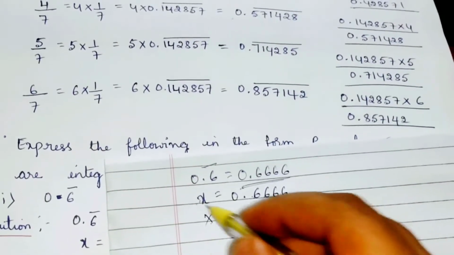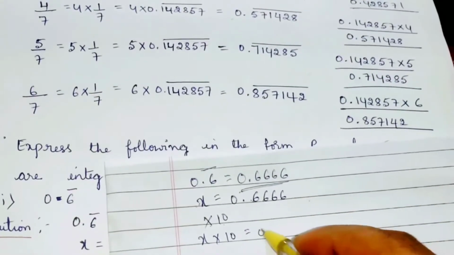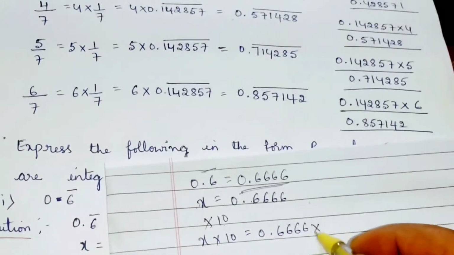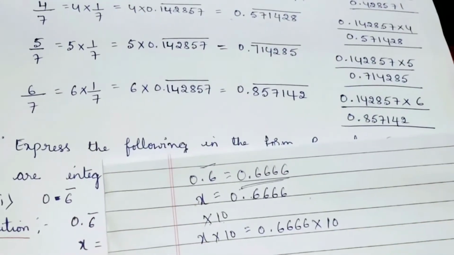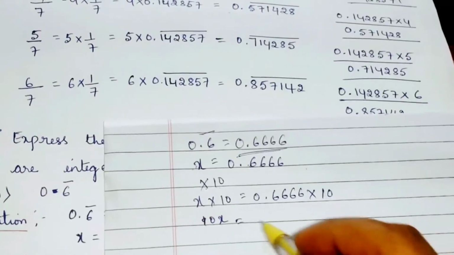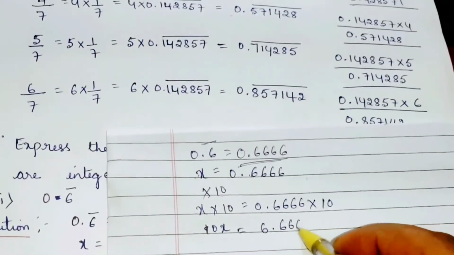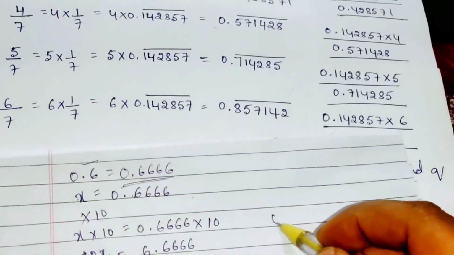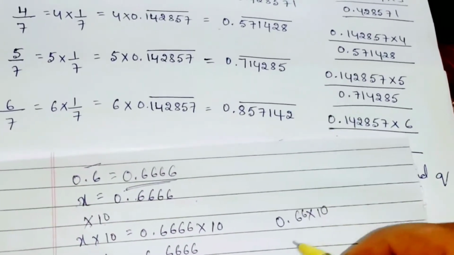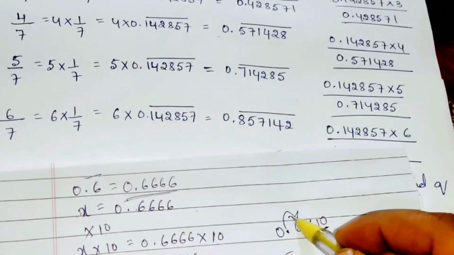Now the next step, I'm going to multiply both the sides by 10. That is x into 10 is equal to 0.6666 into 10. You will get 10x and this answer will be 6.666. See, if you multiply 0.666 by 10, the decimal point will shift one place.